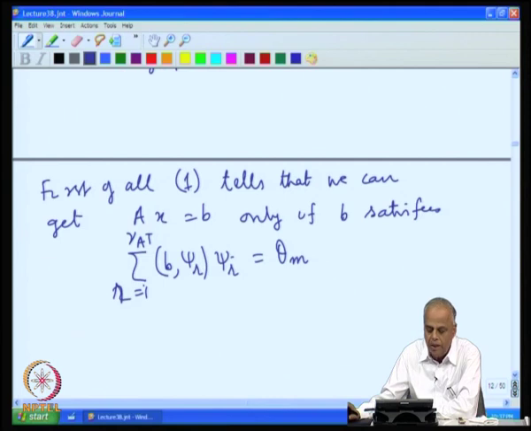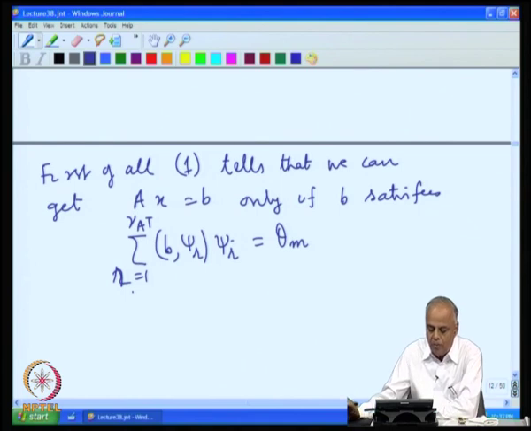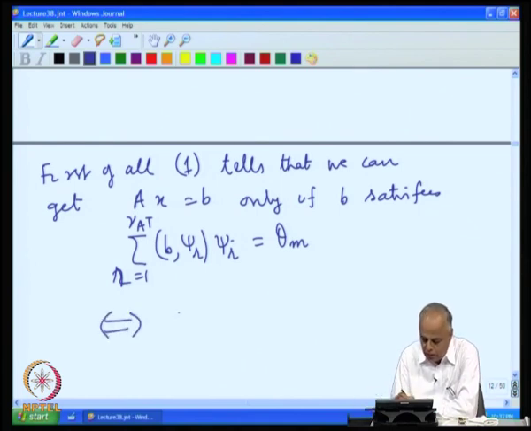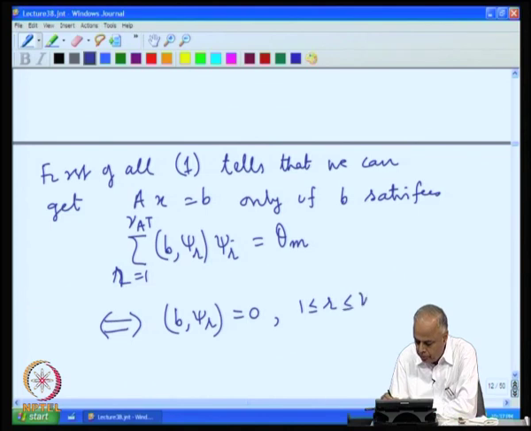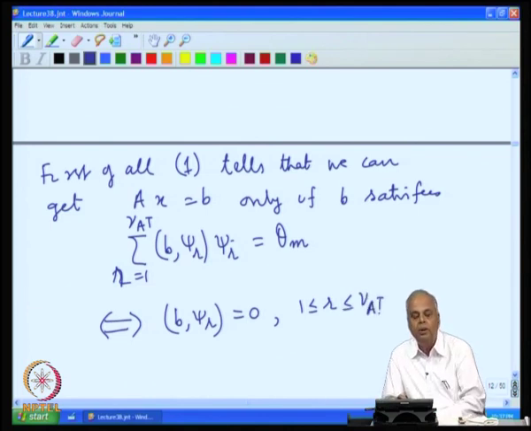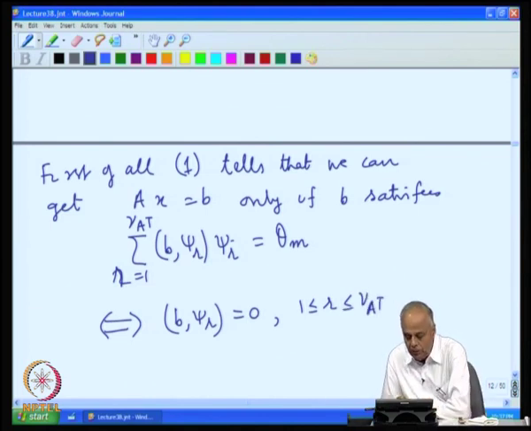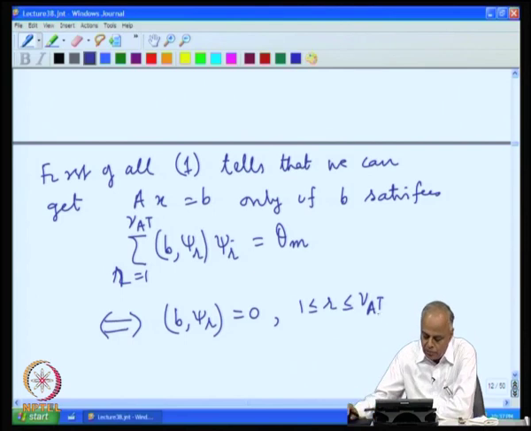Now, psi r are orthogonal vectors, they are linearly independent, and therefore the only linear combination that will give the 0 vector is when B psi r are all equal to 0, for r from 1 to nu A transpose. So, the system A x equal to B will have a solution if and only if B psi r is equal to 0.